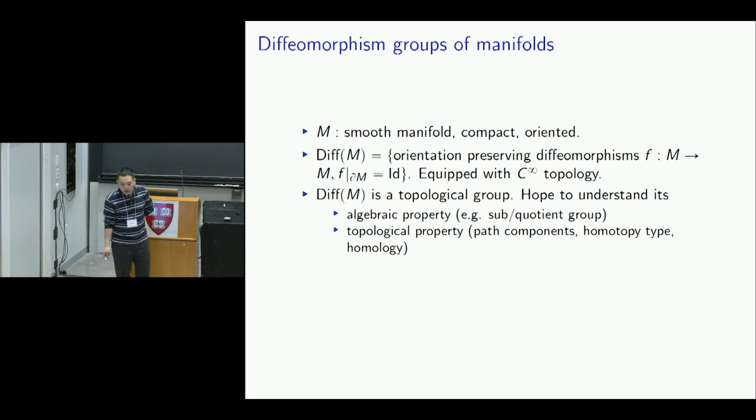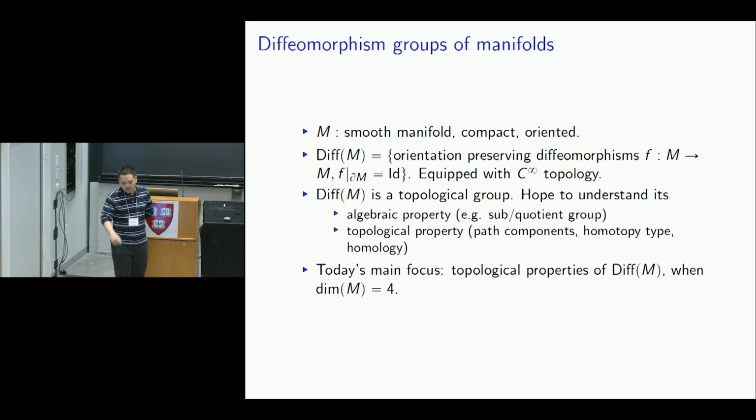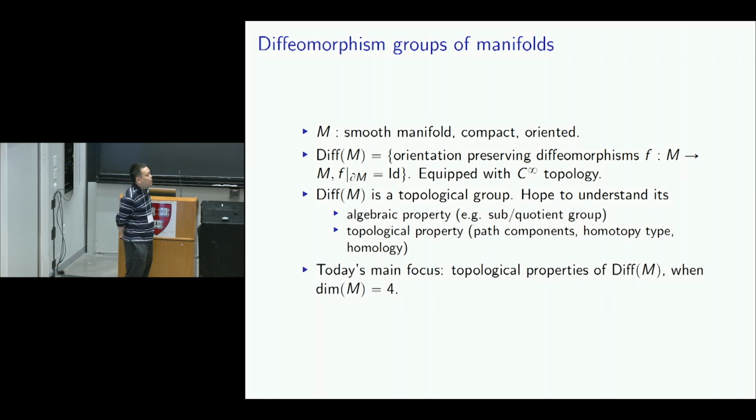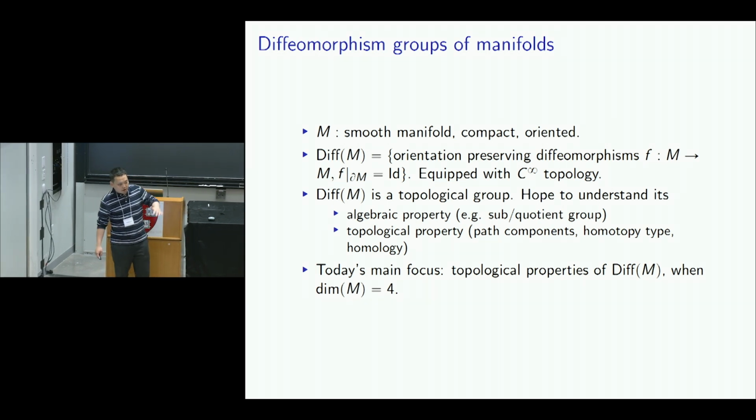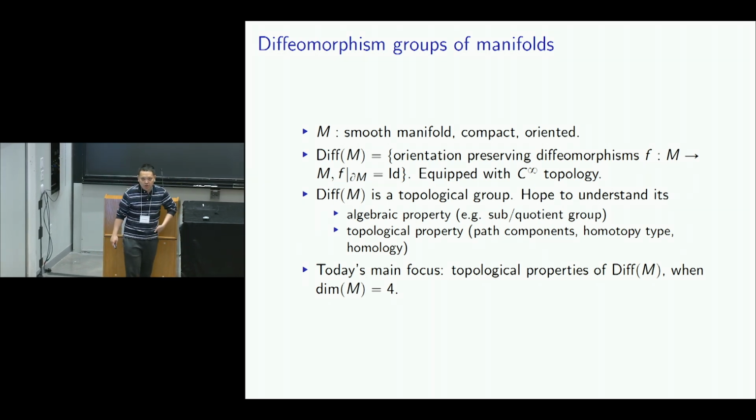Our main focus today will be dimension 4. This is a dimension in which you can use techniques from lower dimensions or from higher dimensions, or techniques which are special to dimension 4, but still this object is quite mysterious in this dimension.